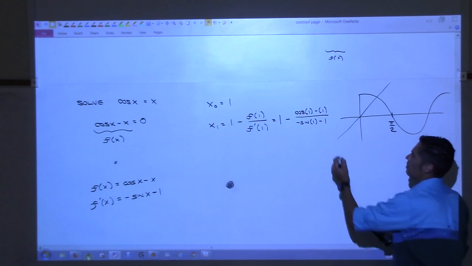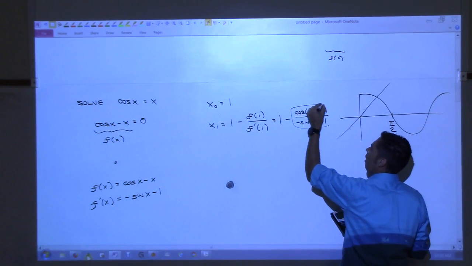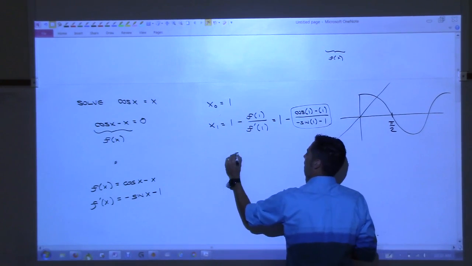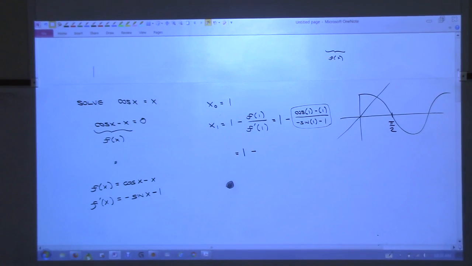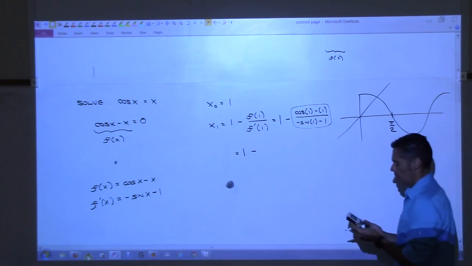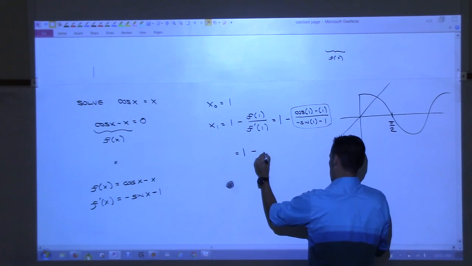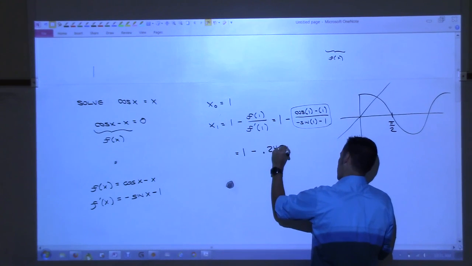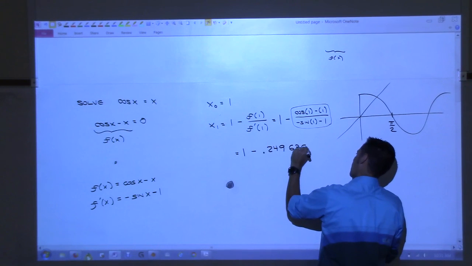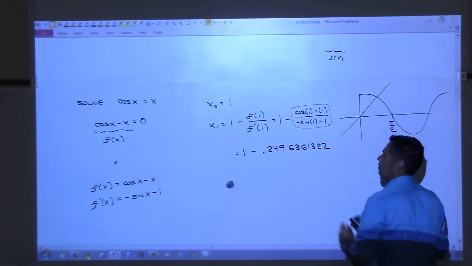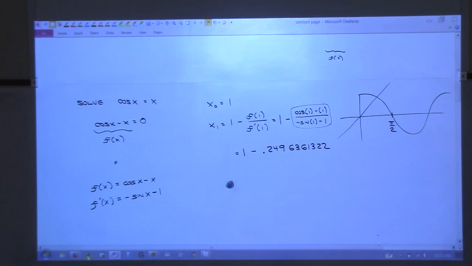Does anybody have a result for this entire chunk right here? Not yet. I'm getting 0.249636132. Anyone else get something like that?